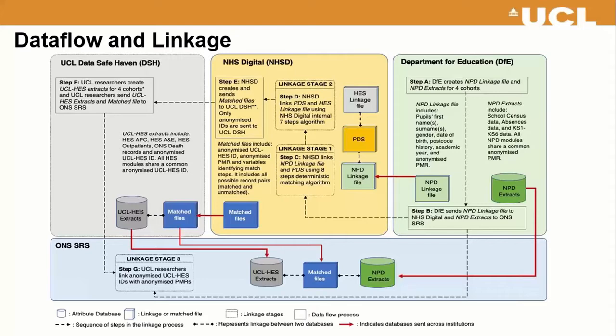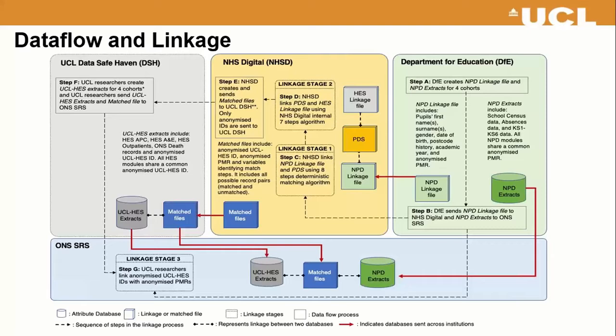Stage 1 involved the transfer of a linkage file from the Department for Education to NHS Digital for linkage to the Personal Demographic Service database, or as I will call it, the PDS. This file contains the full name, postcode and postcode histories, and other personal identifiers. It is a national electronic database held by NHS Digital that contains personal information and, importantly, it is linked to the NHS number.